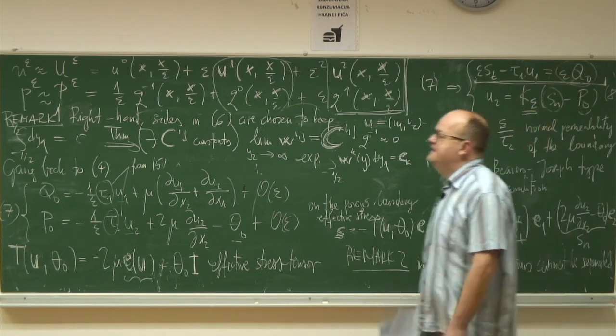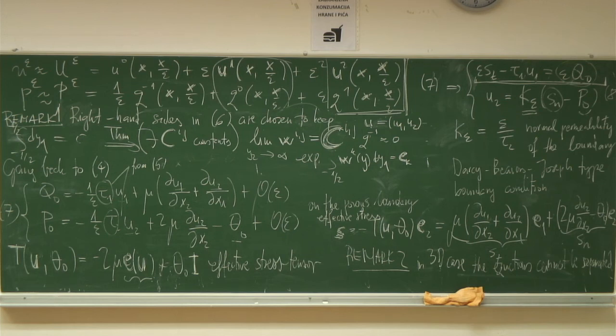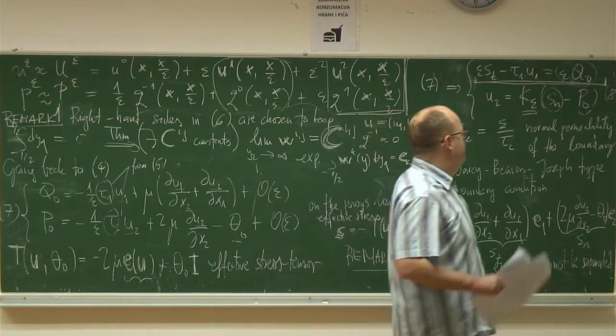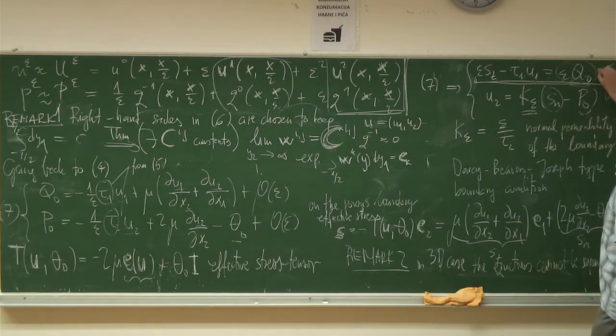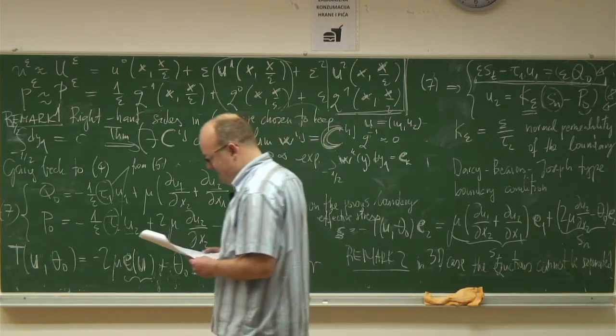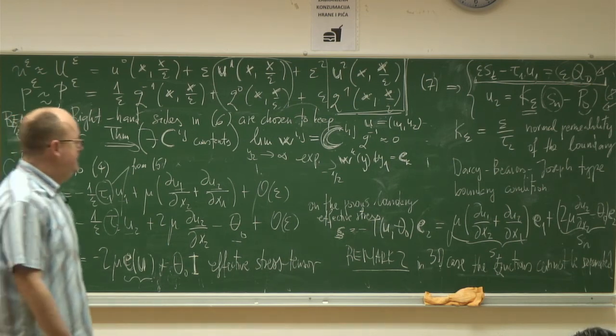That means that if we do not impose additional assumptions on the geometry of our porous boundary, then we just obtain a Darcy type boundary condition which cannot be separated in the part satisfying the Beavers-Joseph and the part satisfying the Darcy condition. But if we impose some additional assumption on the porous boundary, then it can be done even in the 3D case.